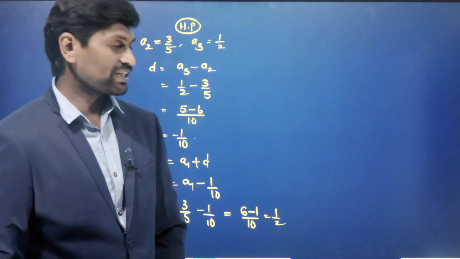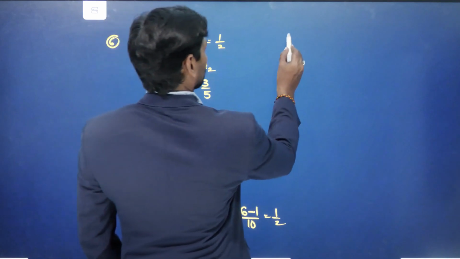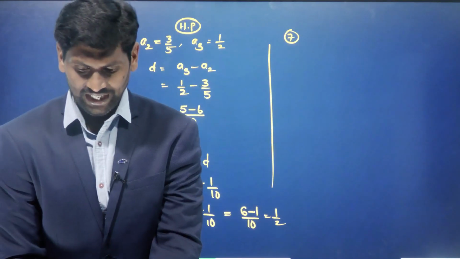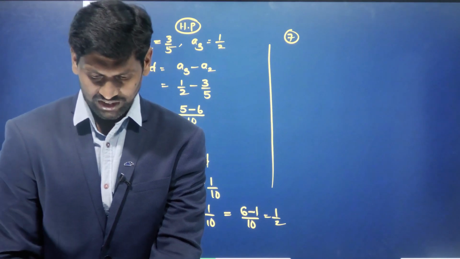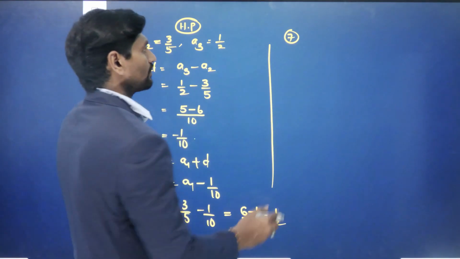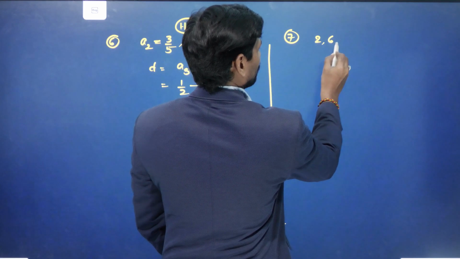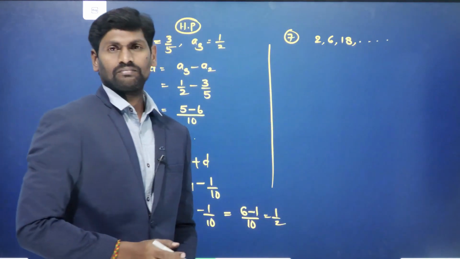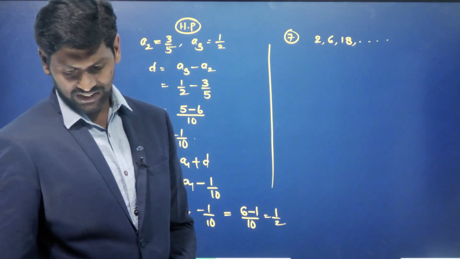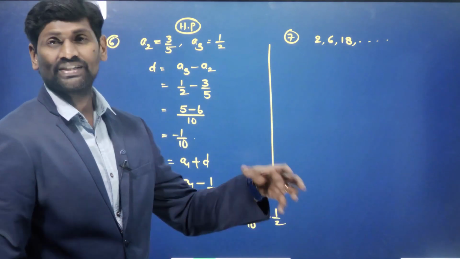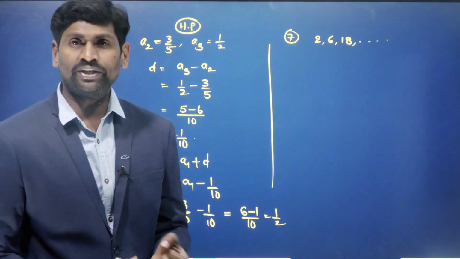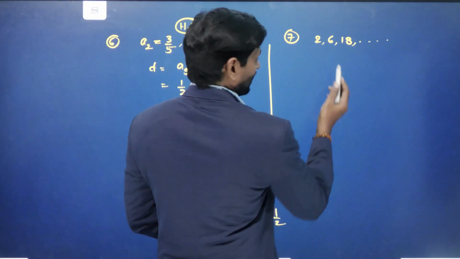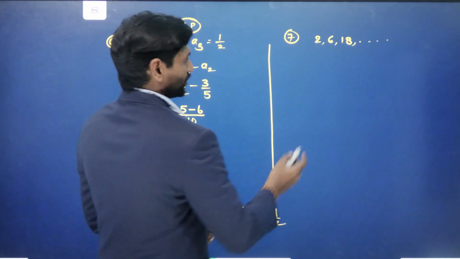Next, coming to the 7th question. Given the sequence 2, 6, 18 and so on, find the nth term. Is this series a harmonic progression or a geometric progression? Let us find the ratio.